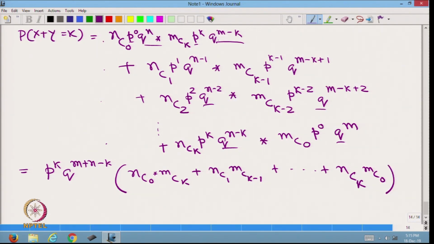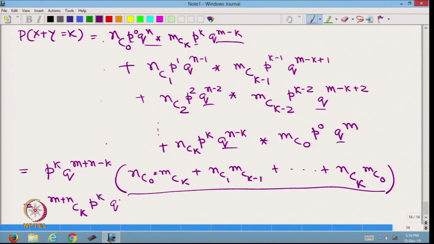Now, from our high school mathematics, we know that this term is m plus n C k. Therefore, this probability is equal to m plus n C k p to the power k q to the power m plus n minus k.